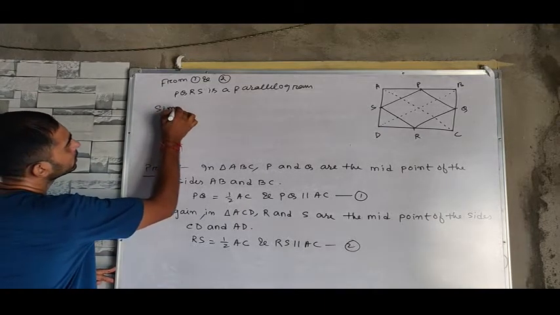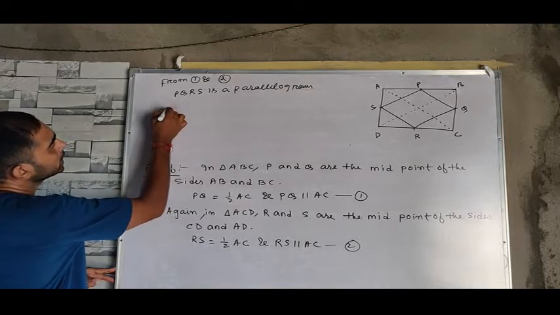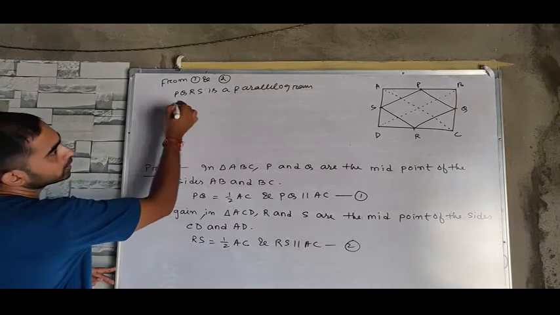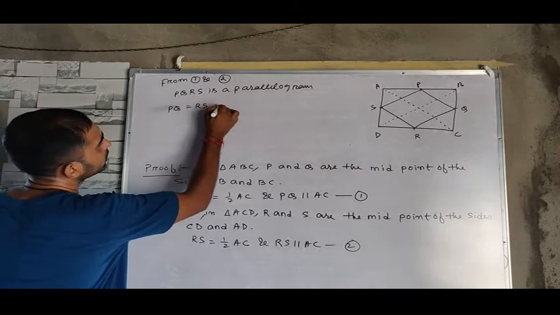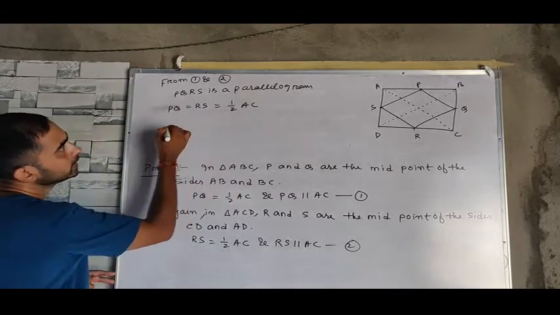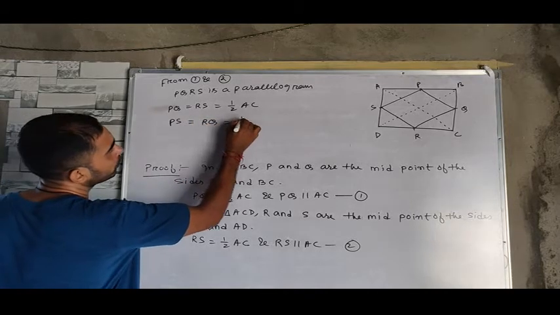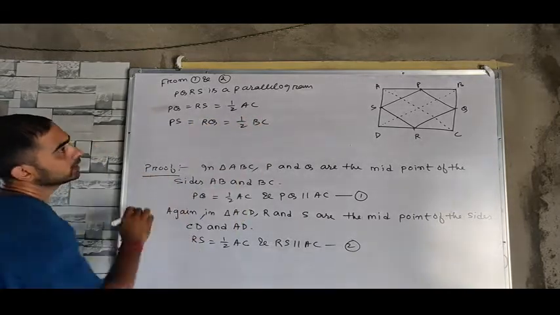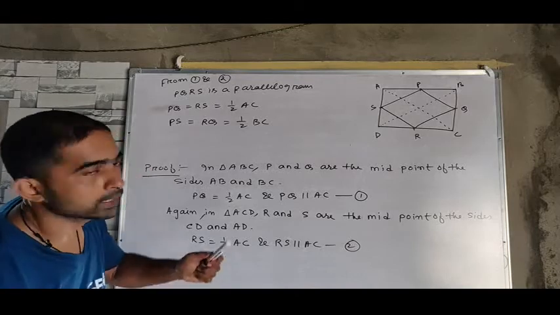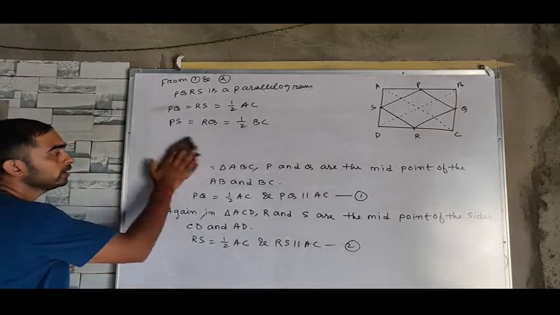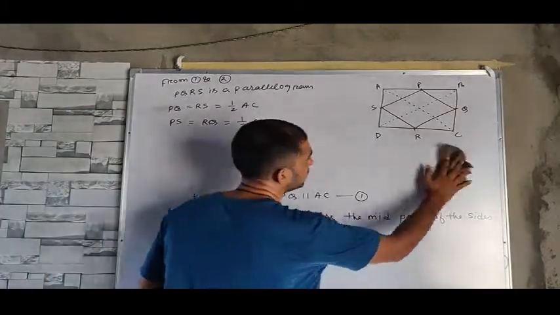Similarly, therefore PQ equals RS equals half of AC, and PS equals RQ equals half of BD. Now see, AC equals BD because it is a rectangle. In a rectangle the diagonals are equal.